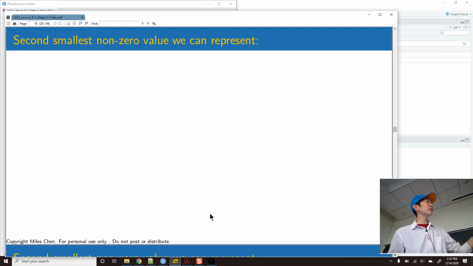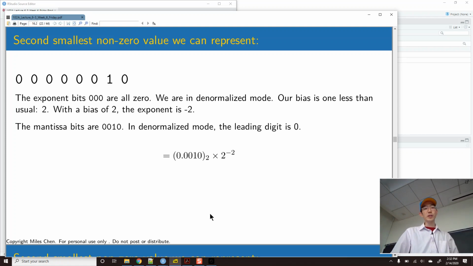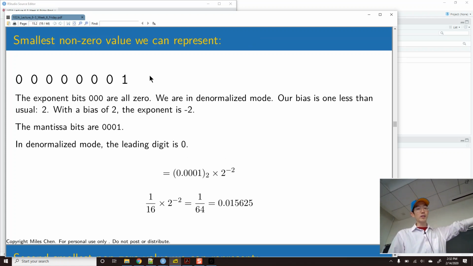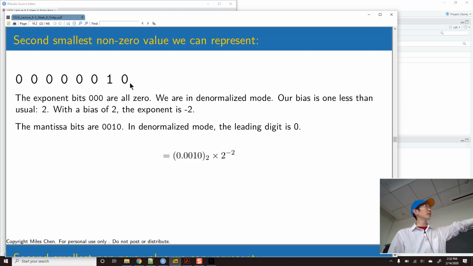So what's the next smallest value that we could represent? It'll be 2/64 or 1/32. The next value will be 1, 0, so again our exponent is 2 to the negative 2.